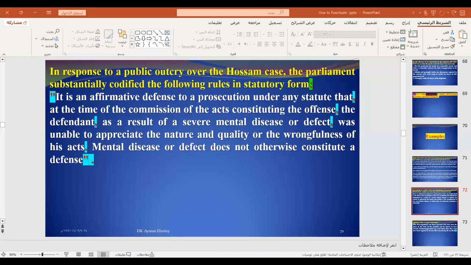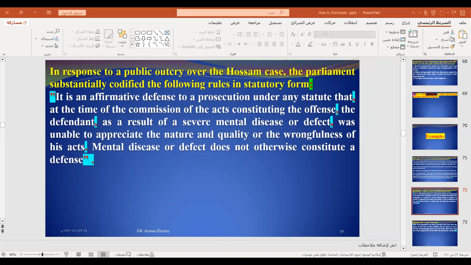After statutory form, we put a colon to explain what's happening: It is an affirmative defense to a prosecution under any statute that at the time of the commission of the act constituting the offense, the defendant, as a result of a severe mental disease or defect, was unable to appreciate the nature and the quality or wrongfulness of his or her act.